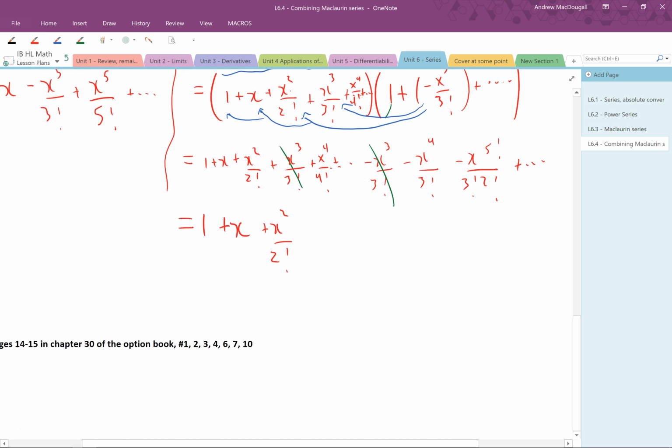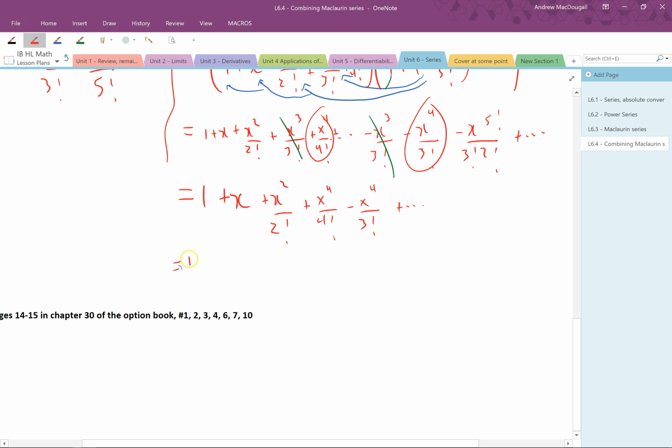So then, look, that cancels. That almost cancels. I have x to the 4 over 4 factorial here, and I have minus x to the 4 over 3 factorial. And then all the other terms I have are not going to be x to the 4 terms. Right? They'll all have power 5 or higher.